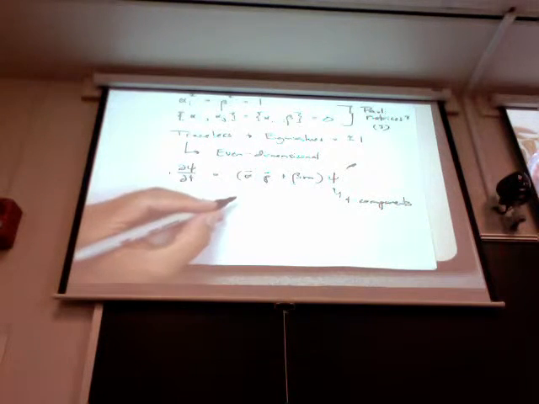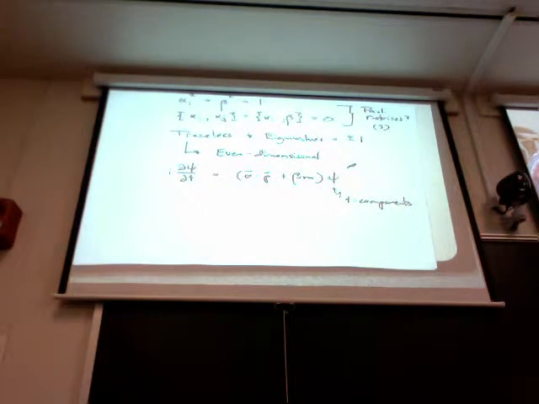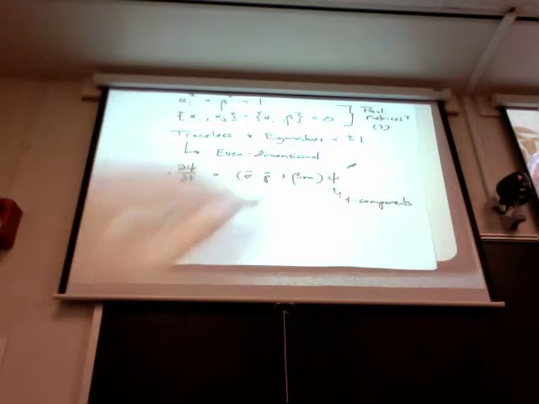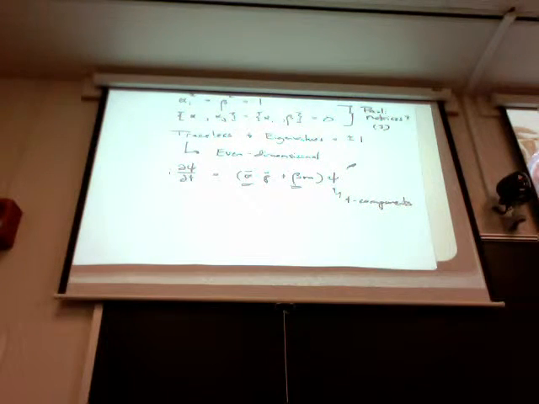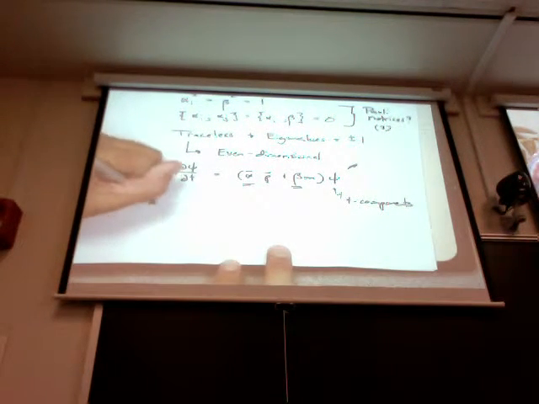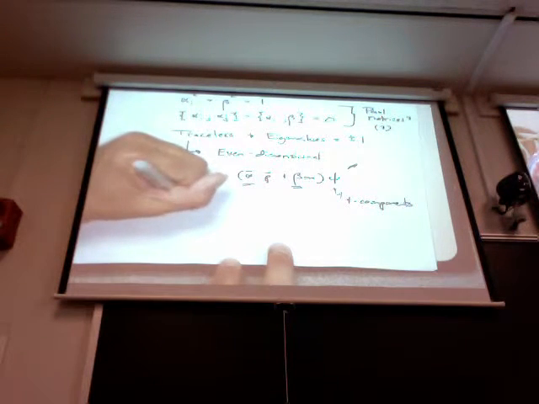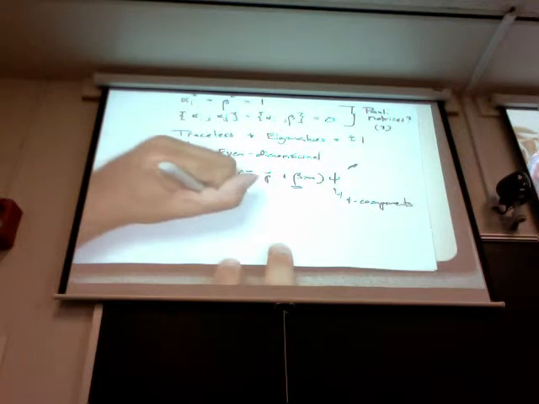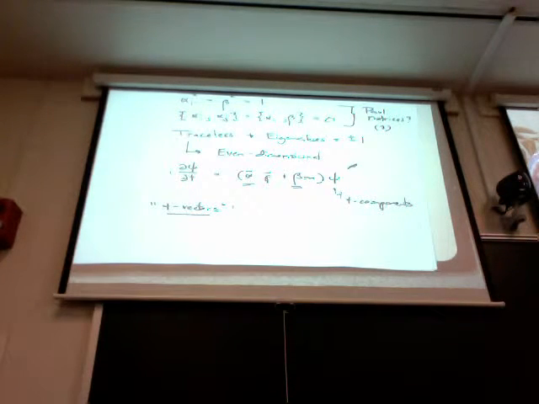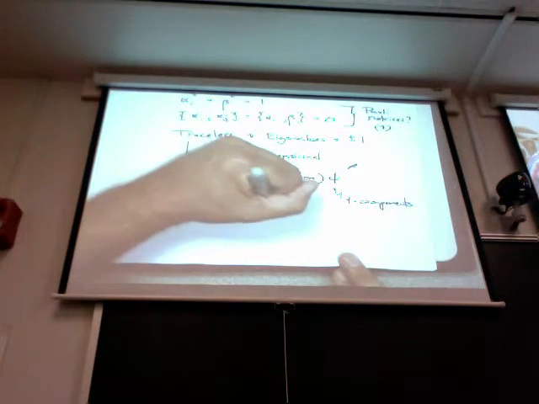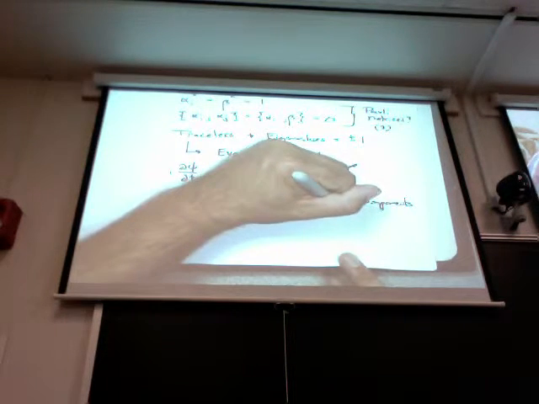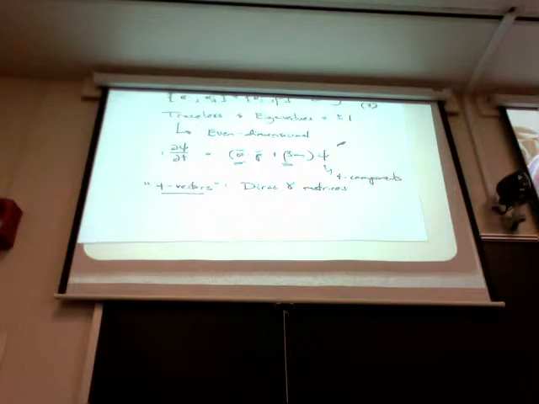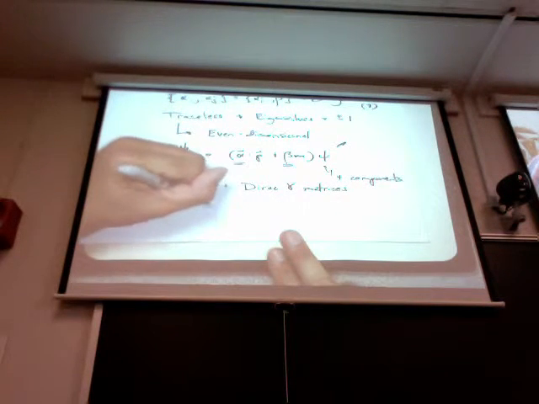It turns out that you can write this in a more compact way if you rewrite these alphas and betas in terms of some new, I'll call them 4 vectors, in quotation marks. These are what are called the Dirac gamma matrices, and we usually denote them as gamma mu.